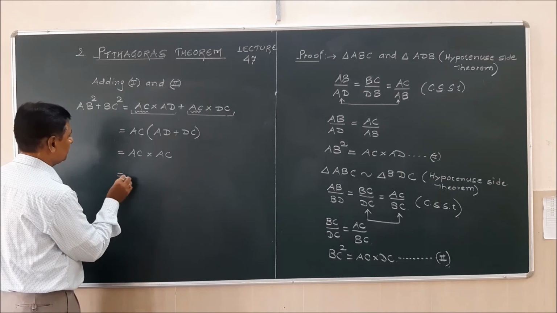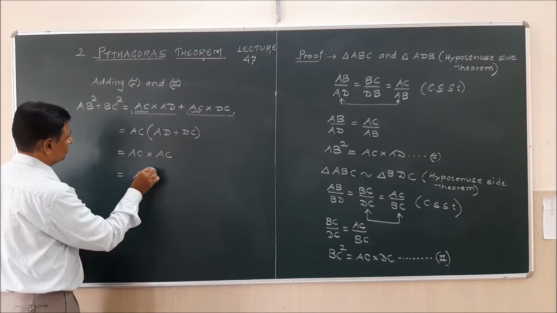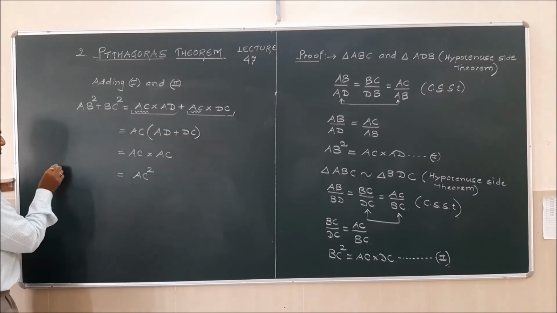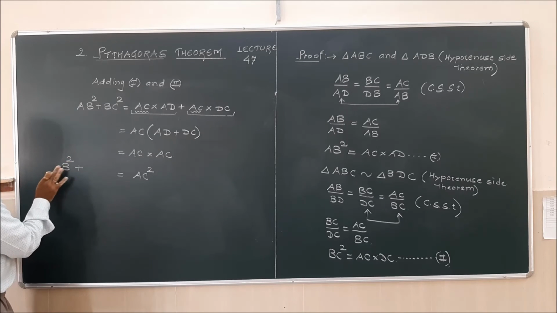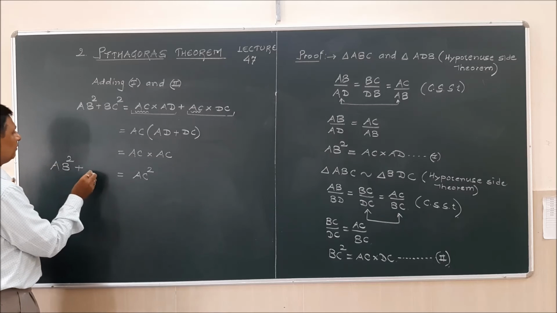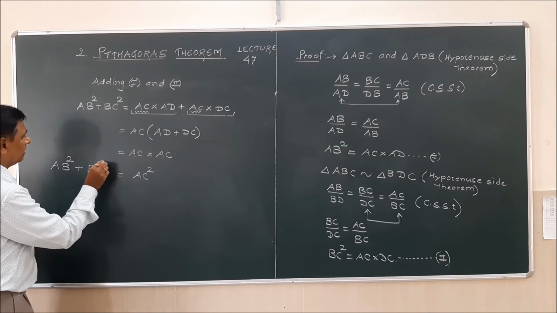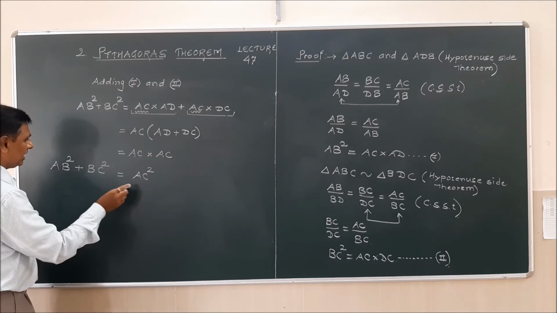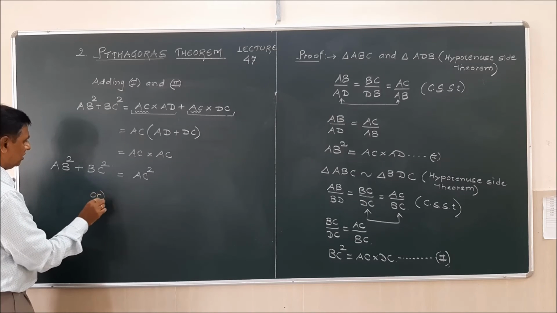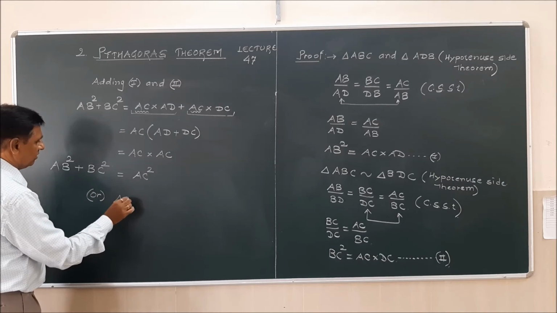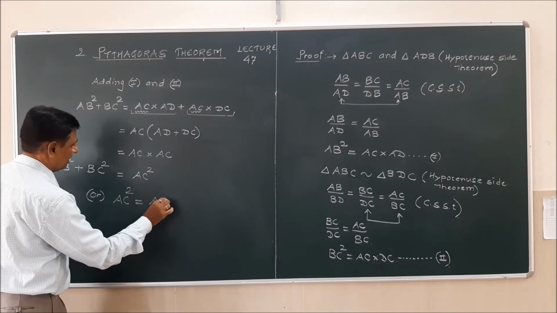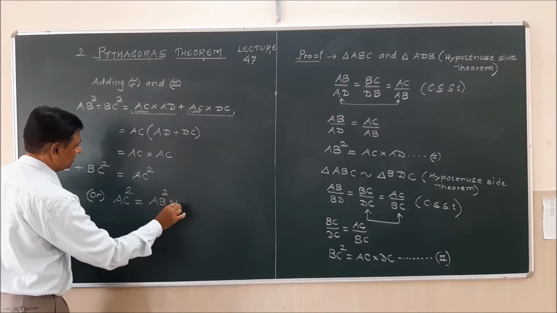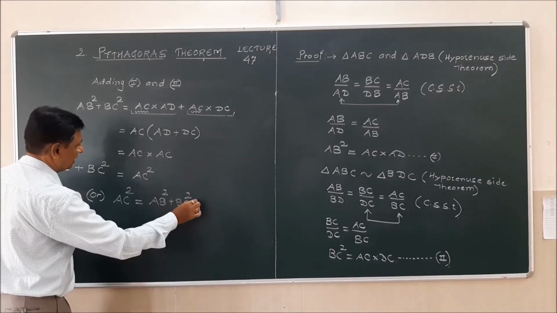That will give us AC square. So AB square plus BC square is equal to AC square, or the required result: AC square is equal to AB square plus BC square.